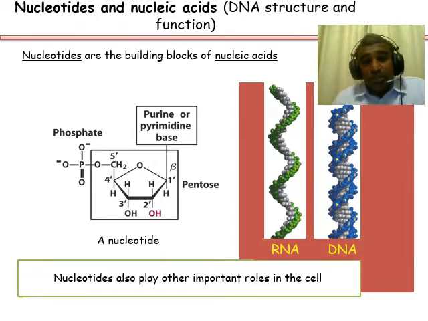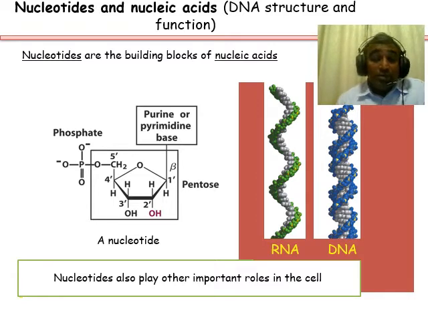In terms of this slide on the nucleotide, you can see here the nucleotide, which happens to be the monomer used to build either RNA or DNA. RNA is a single-stranded polynucleotide, while DNA is a double-stranded polynucleotide.